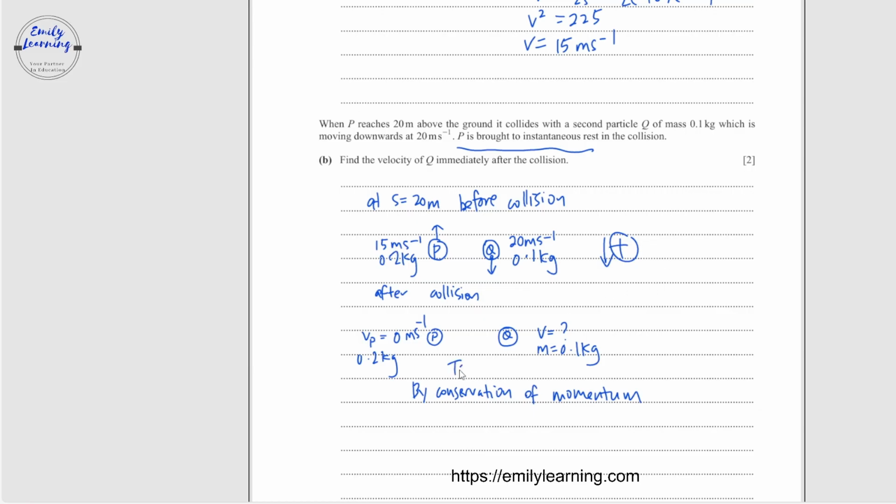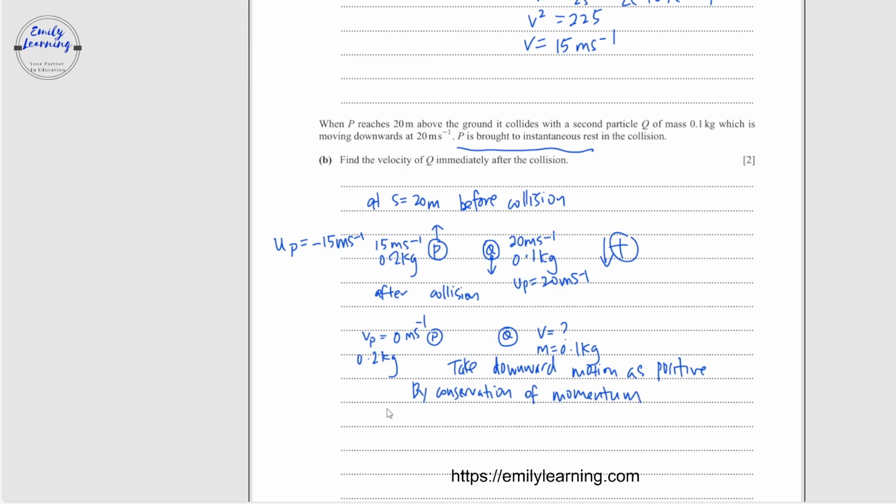So I want to take downwards motion as positive. So in other words, this P will have a negative velocity before collision because it's moving upwards. This Q will have a positive velocity because it's moving downwards.